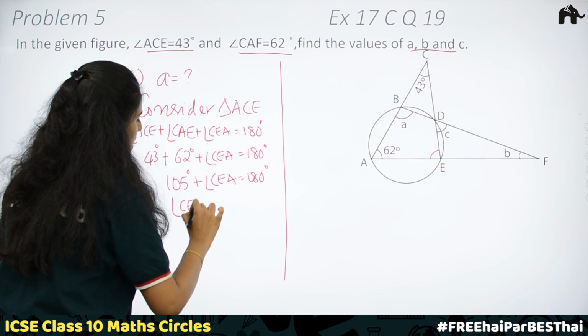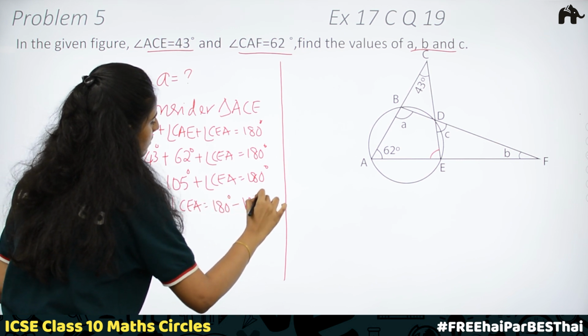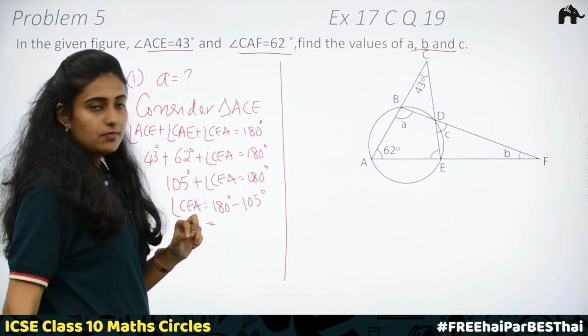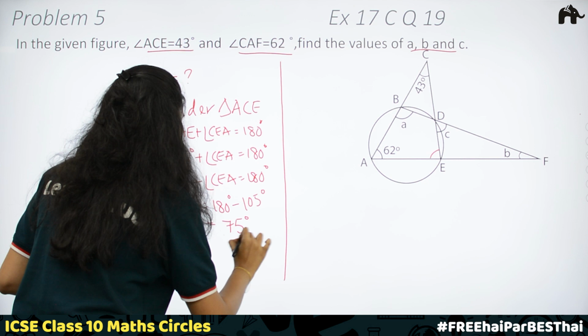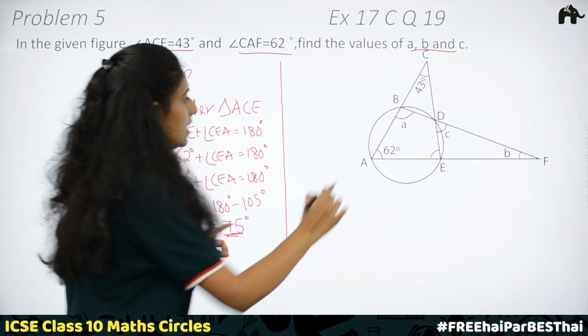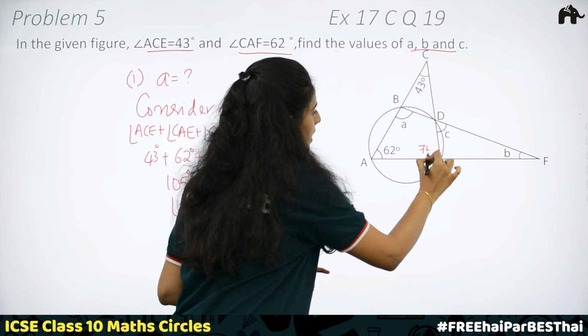Angle CEA is equal to 180 degrees minus 105 degrees. We will be getting 75 degrees. CEA, this angle is 75 degrees.